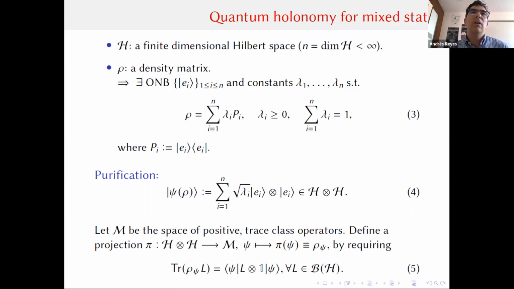Here, we are doing it in the other direction. We start with a system described by a mixed state, and then while purifying it, we model what we have in terms of two coupled subsystems, given by this H tensor H. So you can also think in those terms.